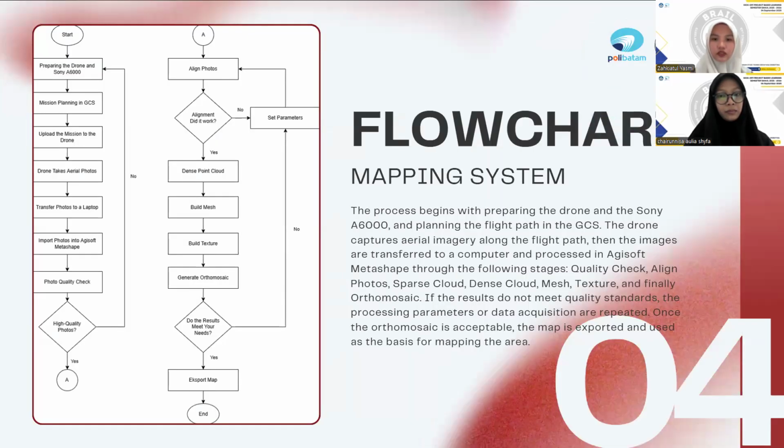Okay, this is the flowchart of the mapping system. The flowchart first starts with preparing the drone and Sony A6000. Next is mission planning in GCS for the camera trigger, and then uploading the mission to the drone.